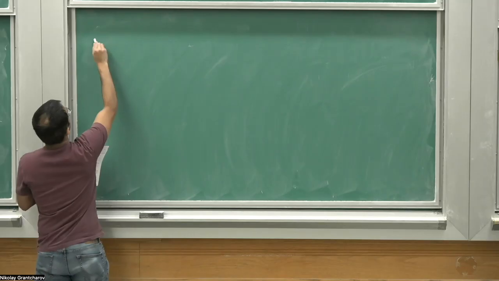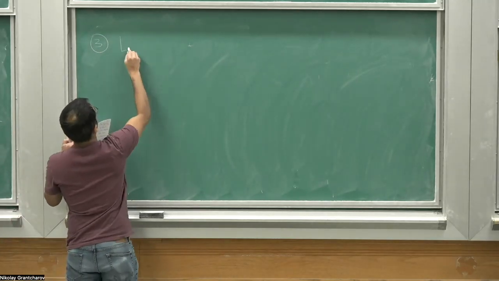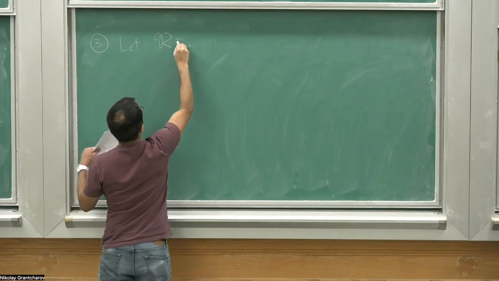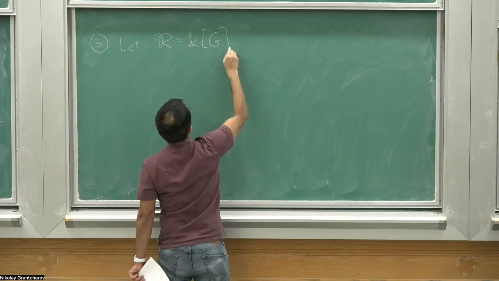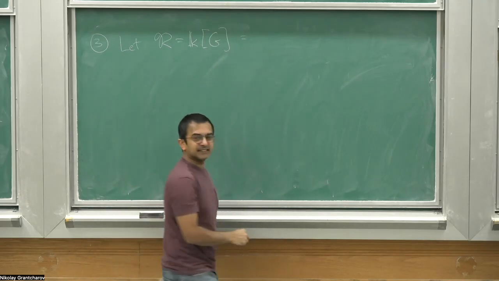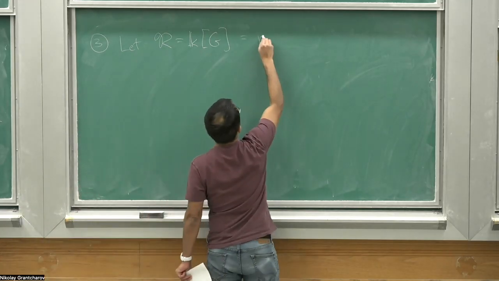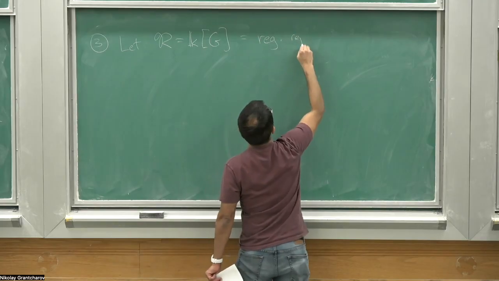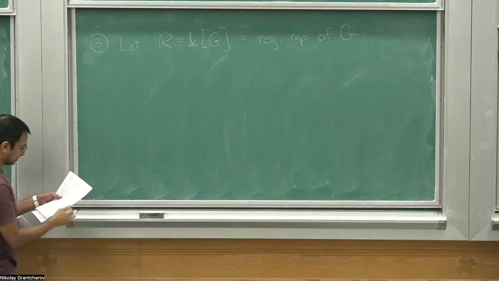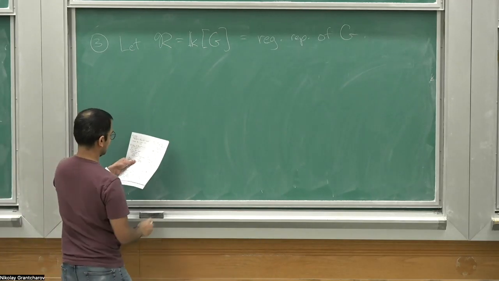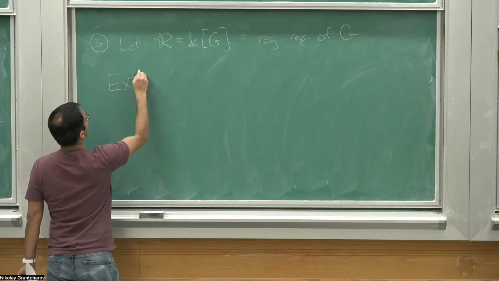Okay, so next for part 3, let curly R be the coordinate ring of G as a G representation by left multiplication. So this is the regular representation of G. Here's a fact.